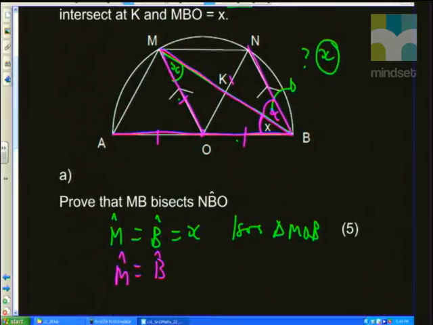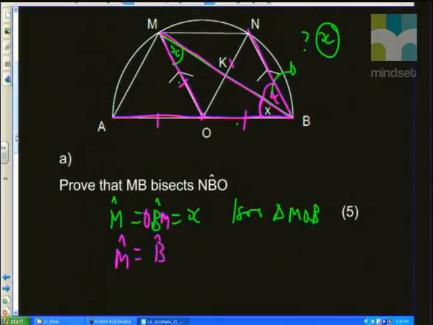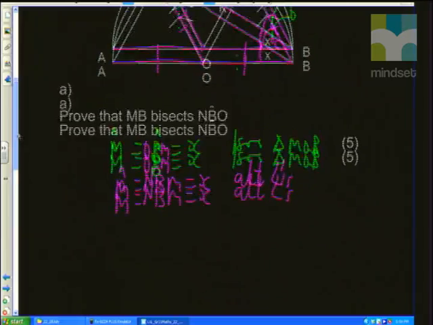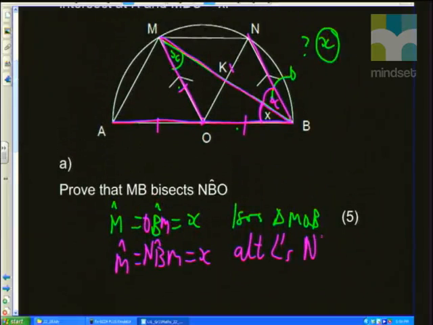Now, let's just specify here. The first one we said M equals B, and that B is in this triangle OBM. Now, the M again equals that angle in this other triangle NBM. So this will be NBM, both equal X. The reason is alternate angles, because NB is parallel to MO.